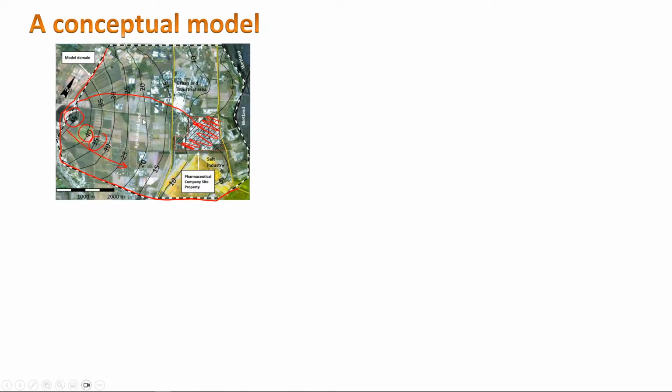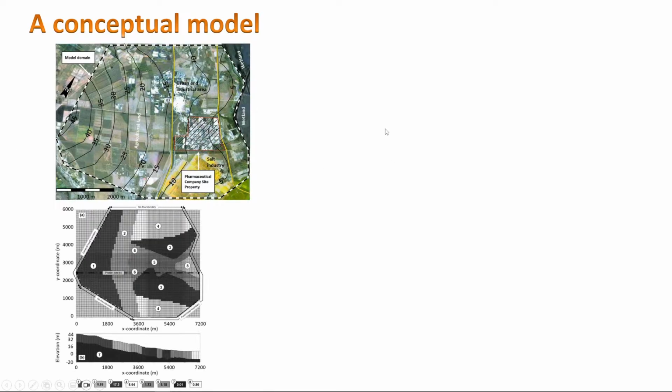If my model was able to reproduce these heads that I'm observing here, this means that this is a good model and this model represents my field condition, and I can use it for management purposes. What else do I need for my conceptual model? I need to characterize the subsurface as a hydraulic conductivity field, and you did this before. This is an example of one conceptualization. We collected some data, and from this data we get this conceptualization.